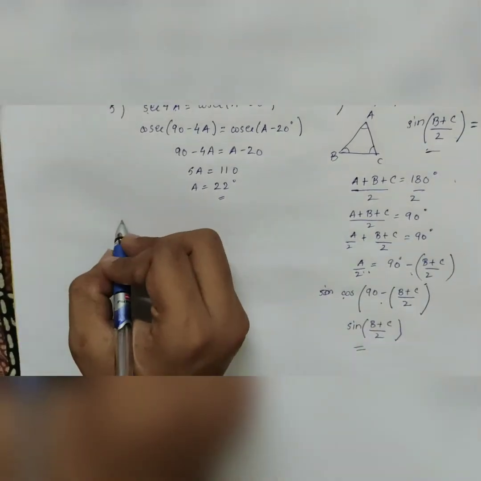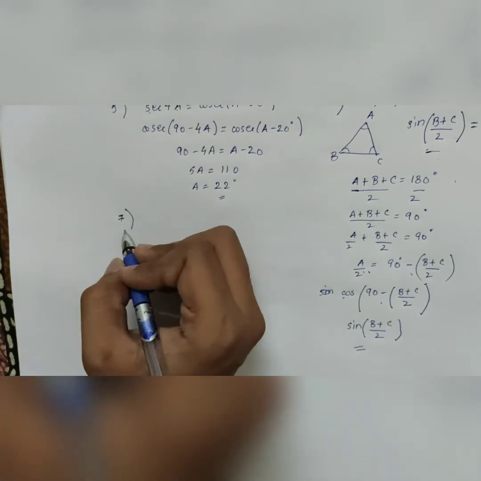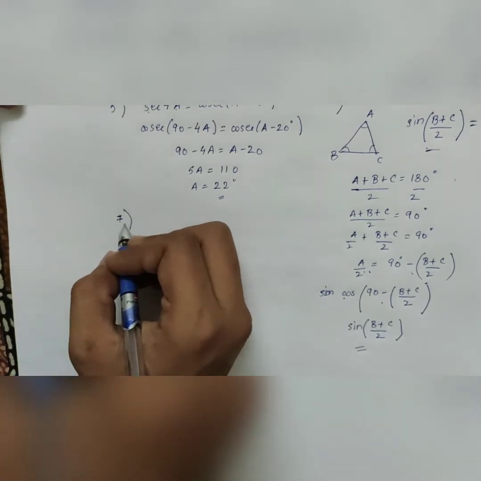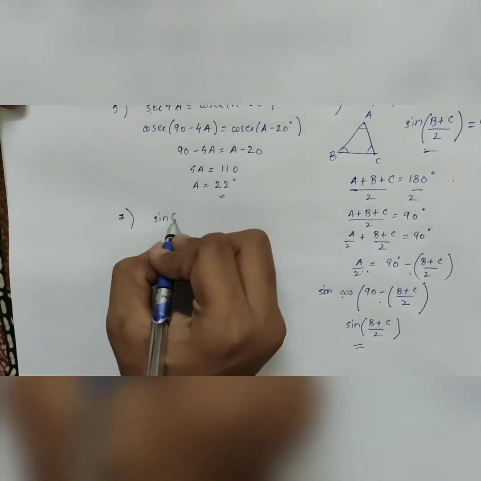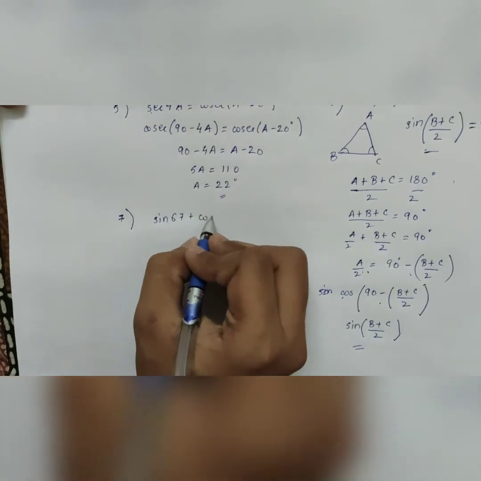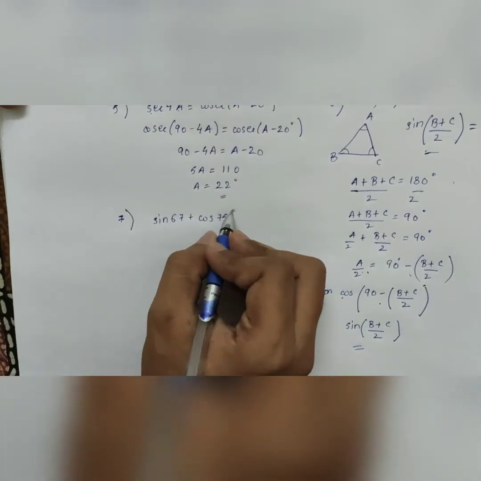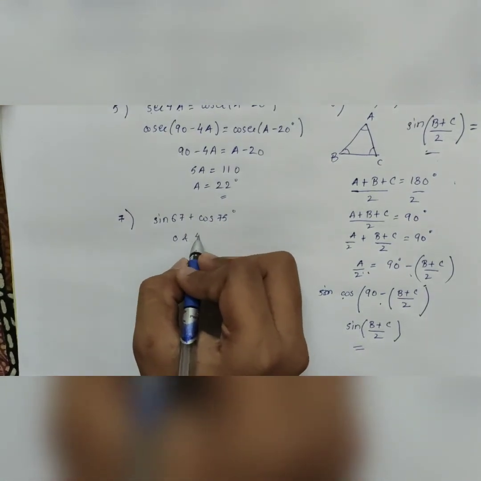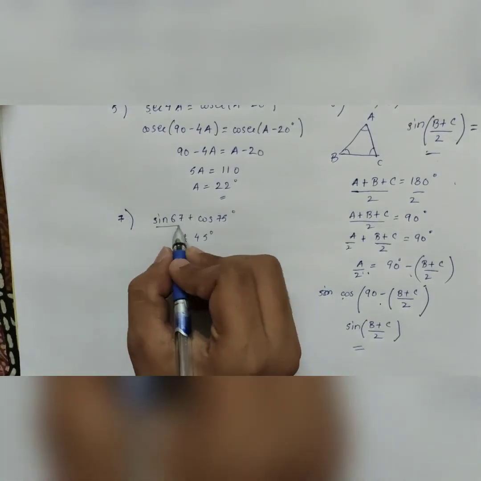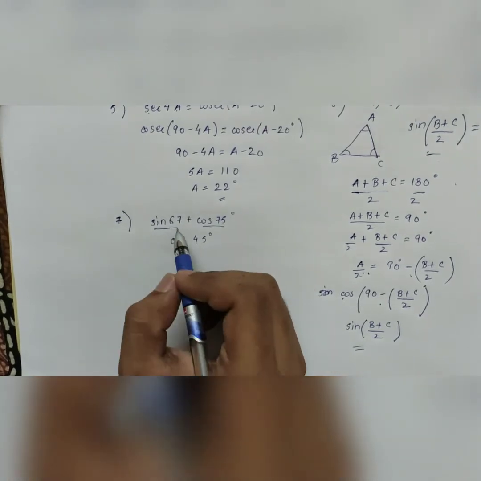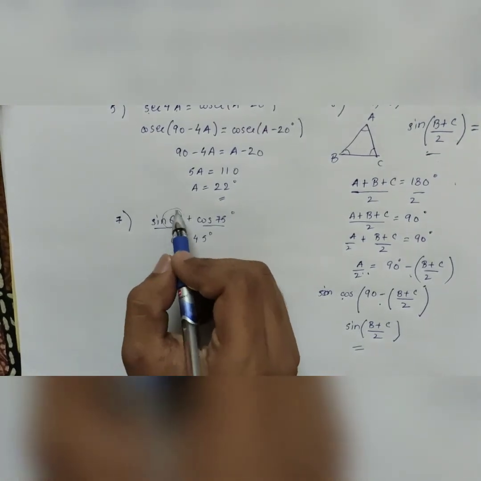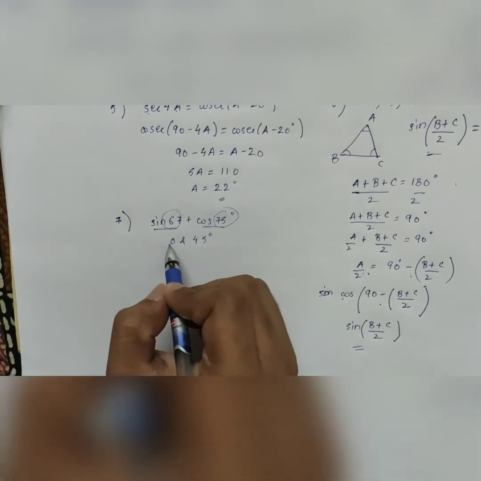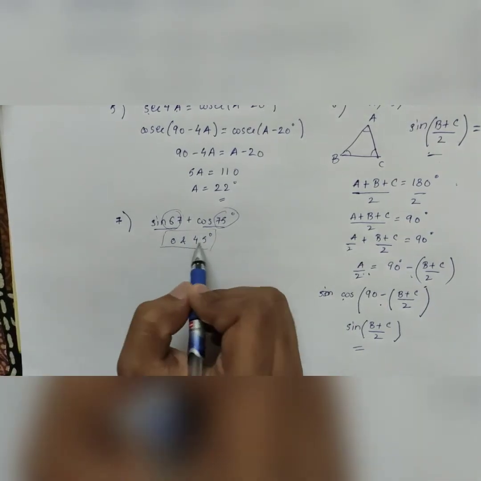So the last question that we have is the 7th one. Express sin 67 plus cos 75 in terms of trigonometric ratios of angles between 0 and 45. So we need to convert these trigonometric ratios with the angles 67 and 75 so that the angle comes in between 0 and 45.